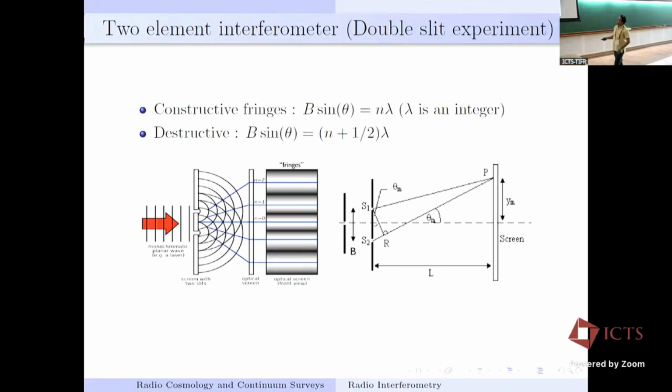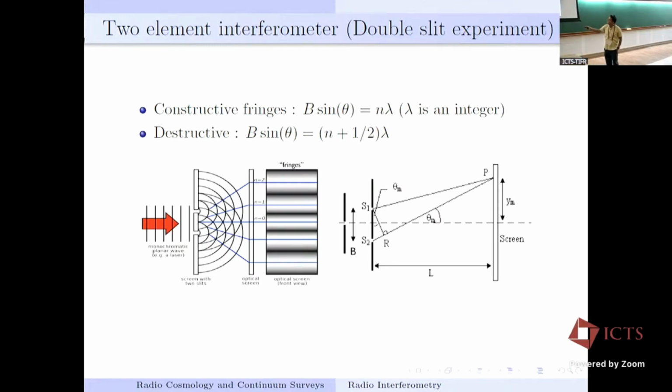Now if these patterns are very broad, each bright and dark this much big, then I have to move this star very far away to make the bright and the dark sit together, to wash out the pattern. But if these patterns are very fine, sharp, bright and dark, then a little bit of shift will shift the pattern and you will be able to figure out there are two stars, correct?